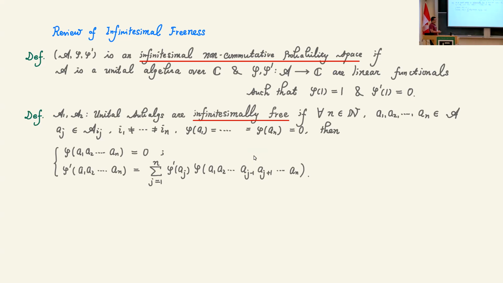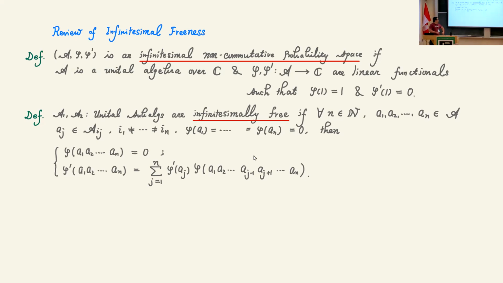Later on, there is a generalization of free independence called infinitesimal freeness. We have the same assumption as for freeness: phi of an alternating product a1 up to an is 0. But for infinitesimal freeness, we add one more assumption for the property of phi prime, as follows.